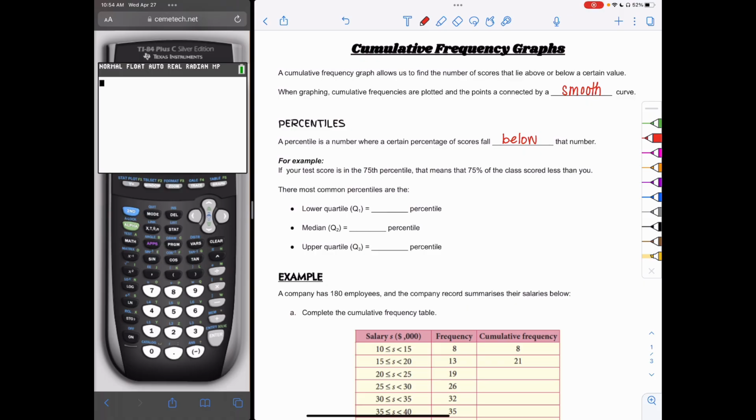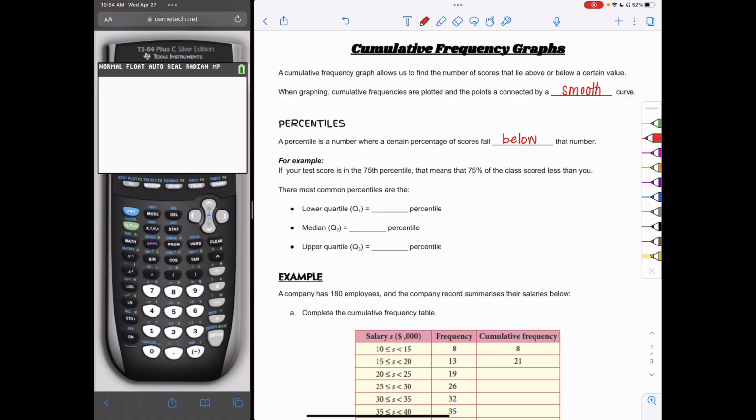That means that 75% of anyone who took that test or your class would have scored less than what you did. If you are in the 15th percentile, that means that 15% of students are lower than what you are.